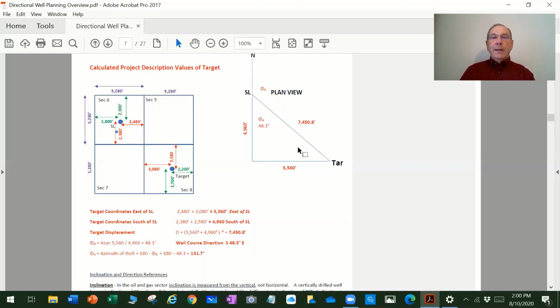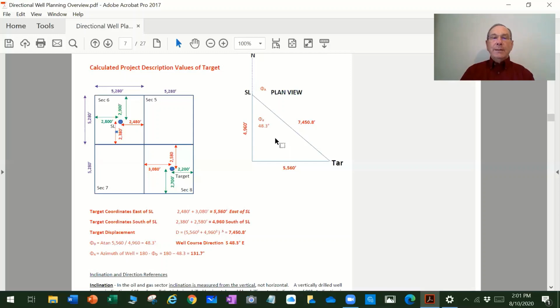Now, in today's world of oil and gas, we typically just use azimuth. Azimuth, I'm going to show this later, is described as an angle clockwise from due north, from 0 to 360 degrees.